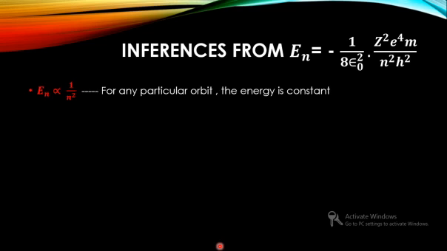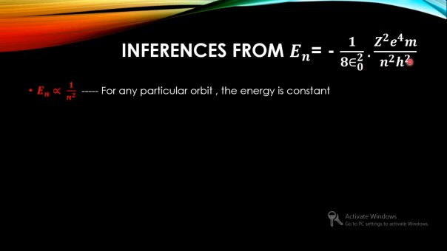You can see that it is negative in nature and all the others are constant except n. n will be varying with orbit. So the energy of an electron occupying the nth orbit will be proportional to 1 by n square, and hence for a given n, En will be a constant, isn't it?